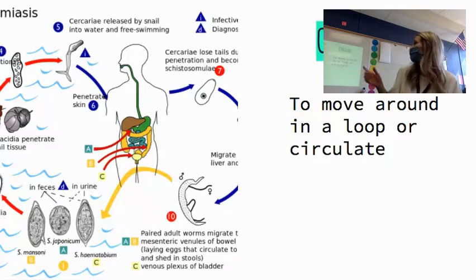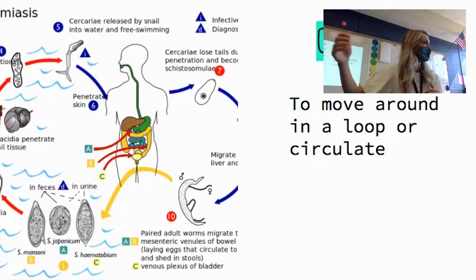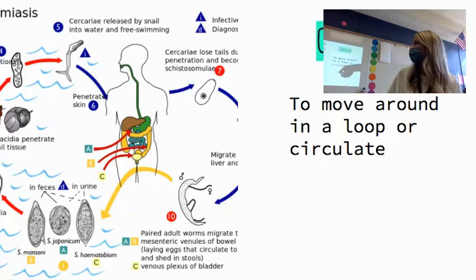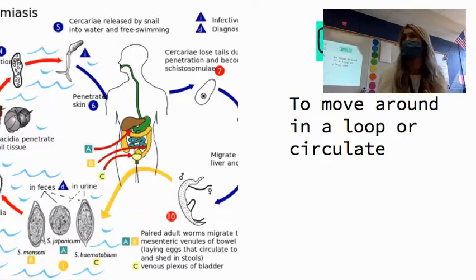We will keep going. So we have that circle. We almost hear it or see it in that word circulate. It's just to move around in a loop or to circulate through something. So really important because we're going to see that a lot of the functions in your body are going to be doing that. I tried to connect it to what we're doing. We start to see how those things are working together in order to keep your body running. So we'll get into it more as we cruise along too.